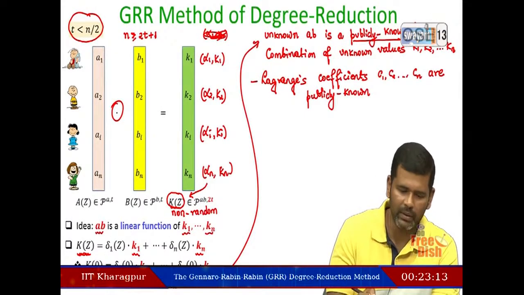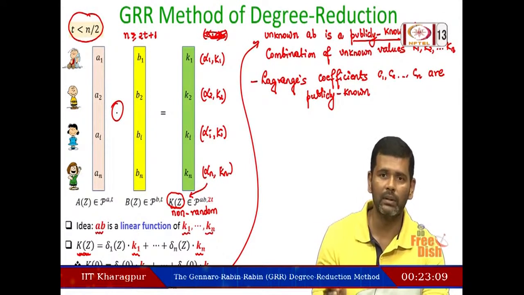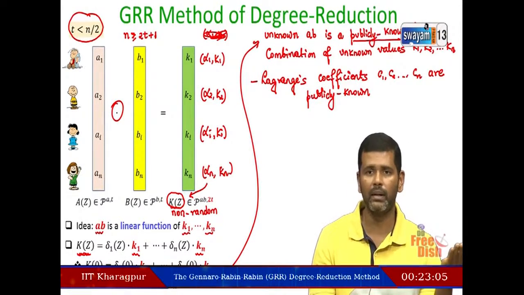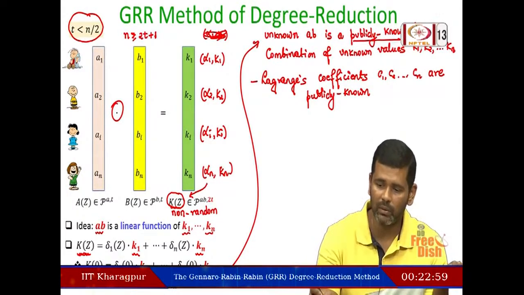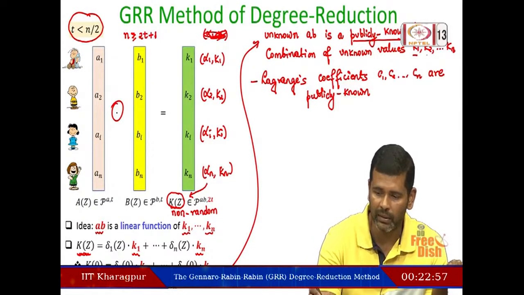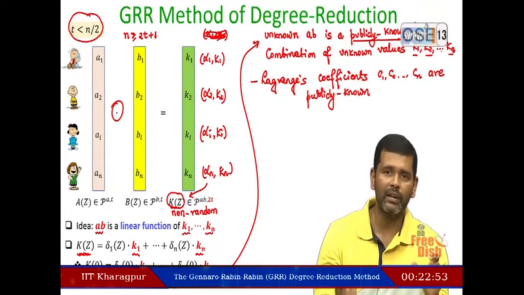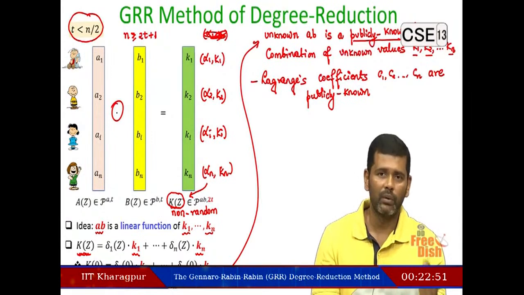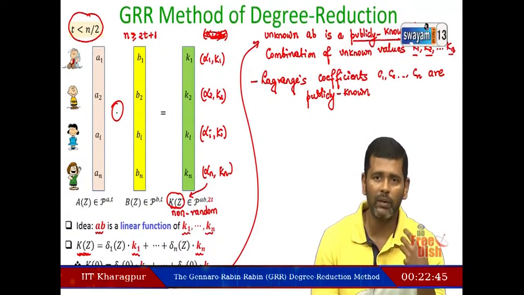This C1 is delta 1 of 0, and the delta 1 polynomial is publicly known. The delta 2 polynomial is publicly known, hence delta 2 of 0 is publicly known. The delta n polynomial is publicly known, hence delta n of 0 is publicly known. What is not known are the actual k1, k2, kn, not known in the sense that they are not publicly known. K1 is available only with P1, K2 is available only with P2, Ki is available only with Pi and Kn is available only with Pn.